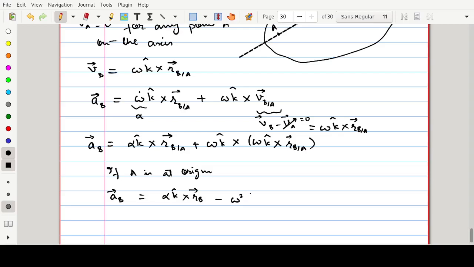This comes out to be along RB just by performing cross product. So this is tangential acceleration, this is centripetal acceleration.